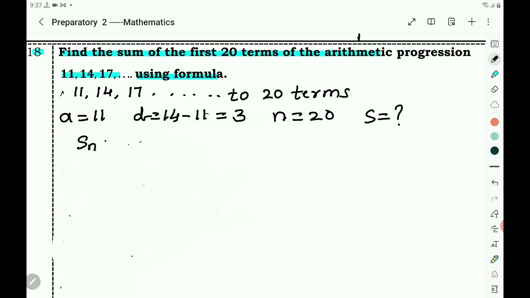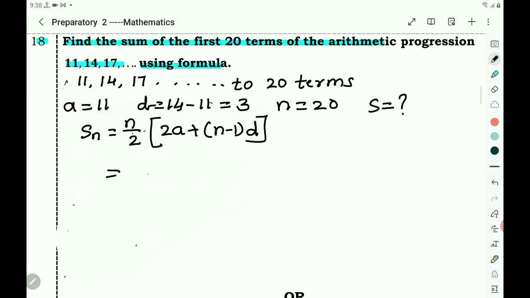Sn is equal to n by 2 into 2a plus n minus 1 into d, equals n is 20. 20 by 2 into, write 2 as it is, into a is 11 plus, again here n is 20, 20 minus 1, d is 3.